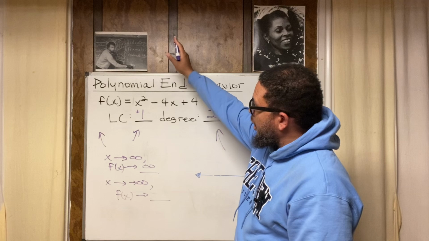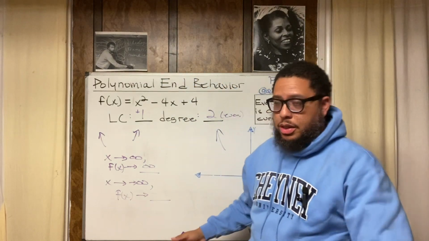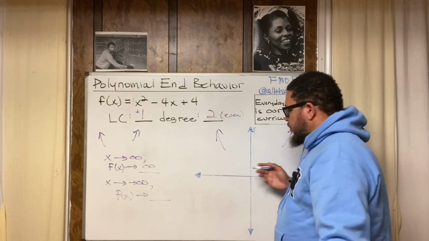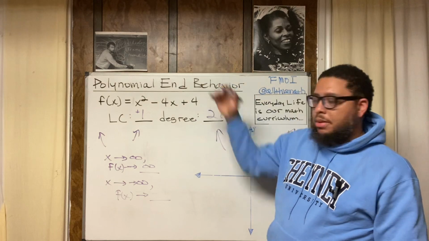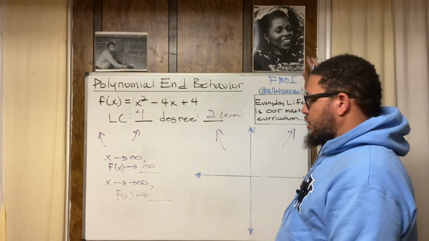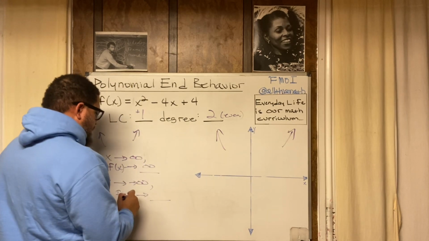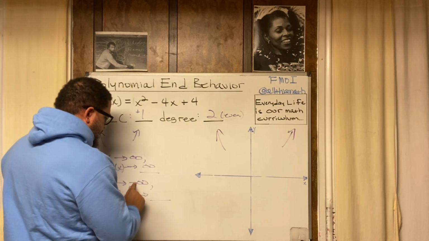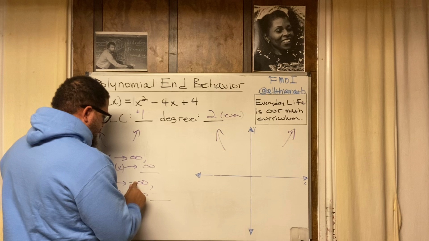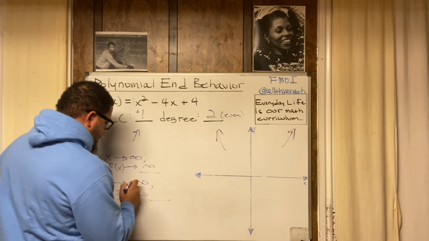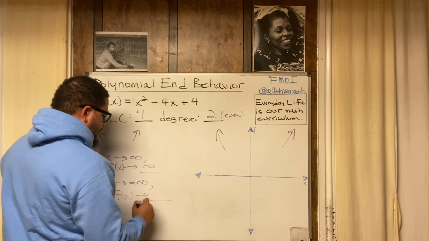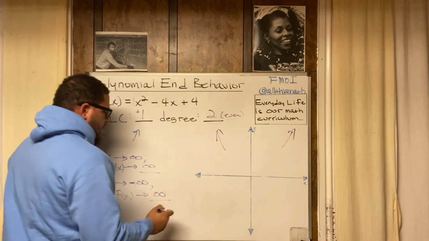It's still going up. So whether your x value is going to the left, the y's are going up, or your x value is going to the right, the y's are going up. So that means as x approaches negative infinity, I forgot my negative sign, but anyway, f of x still approaches positive infinity.